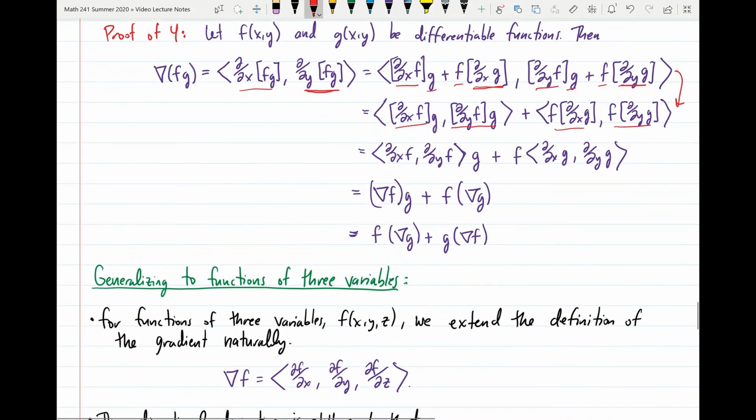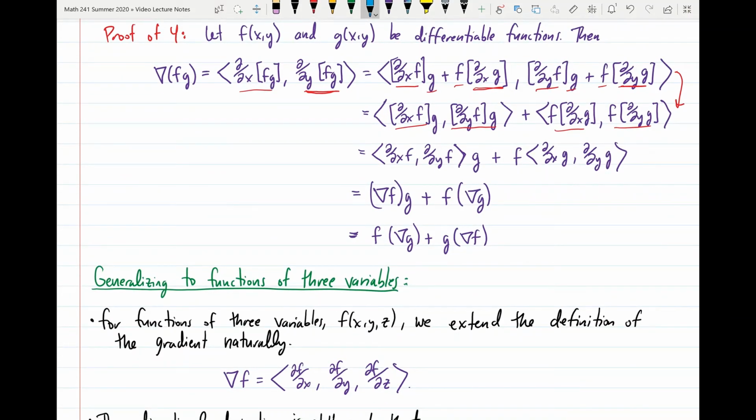And now in this first vector, we can pull out g, since g is just a scalar function. And we end up with the vector given by the partial derivative with respect to x of f and the partial derivative with respect to y of f here, times the function g, plus the function f. Again, this is a scalar function, so we can pull it out, times the vector which is given by the partial derivative with respect to x of g in the i component and the partial derivative with respect to y of g in the j component.